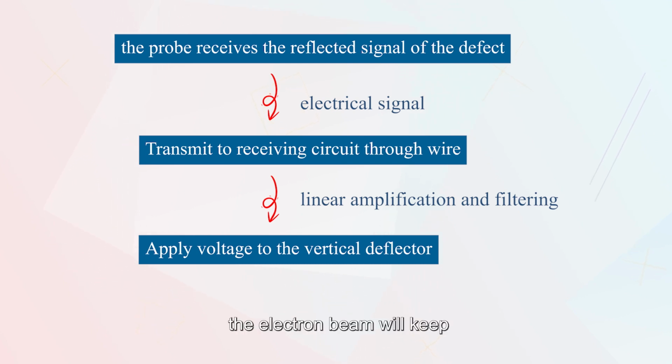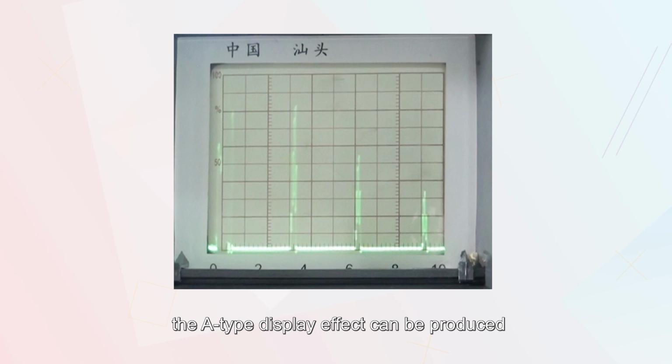Otherwise, the electron beam will keep scanning in the horizontal direction. Obviously, by controlling the electron beam in the above two directions, the A-type display effect can be produced.